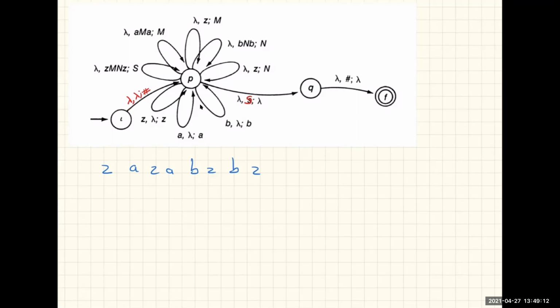So let's work with Zaza. We start here, and we have also our stack here. The first thing it says is add a hash here. Our head is here, and now we go directly into this big state. So we don't add the S automatically. We need to obtain it so that at the end we are able to pop it out from the stack.